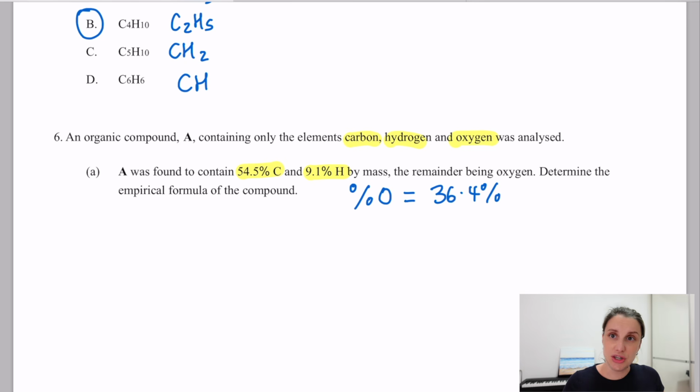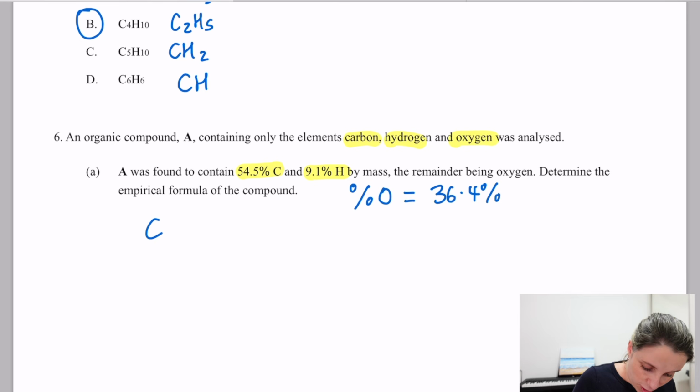So what I need to do is pretend that the compound weighs 100 grams. And then the percentages are just masses of that 100 grams, because it doesn't matter how much it weighs, it's the ratio of one to the other. So for the purposes of this, we're imagining that the sample weighs 100 grams, so therefore our percentages are just masses themselves.